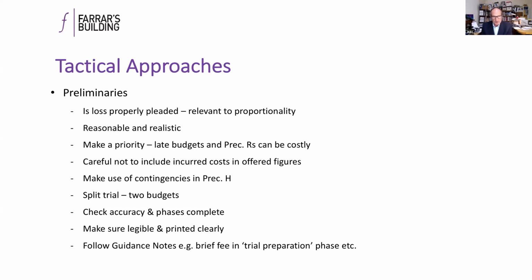Because of course, if they've got TBA in their schedule of loss, and the total only comes to twopenny halfpenny, but nonetheless it is thought in due course the case might be worth something significant, then a claimant might find themselves at risk on proportionality. So if you're for a claimant, you'll probably want to file and serve a schedule of loss that properly pleads the claim ASAP and well before precedent Hs are exchanged. So well in advance of 21 days.